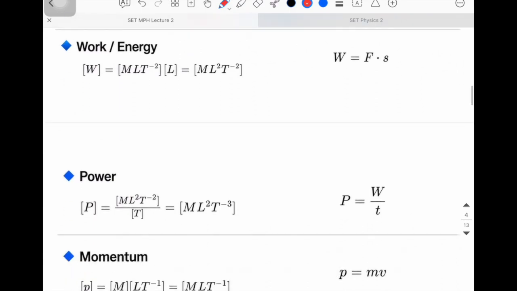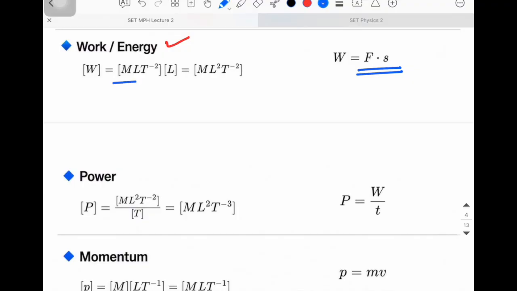Now another example, work and energy, very important. Work is actually energy only. Work is force into displacement, and energy is the same thing. So work and energy have the same dimension. We know that work is equal to F dot S, so force into displacement. The dimension of work is equal to force into displacement.